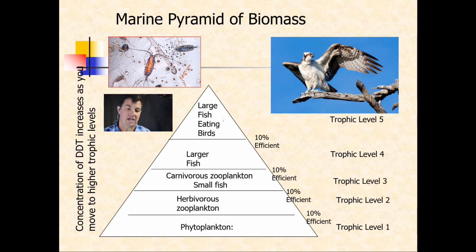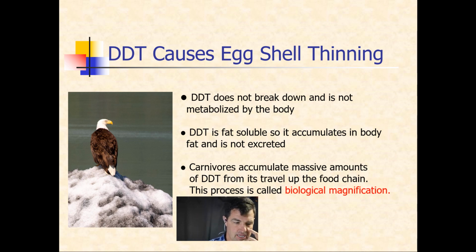Now, as DDT gets concentrated, it interferes with calcium metabolism. For the osprey, the eggshells become extremely thin, and when the bird sits on them, they break. So you end up with generations of birds that have no offspring, and the population crashes.